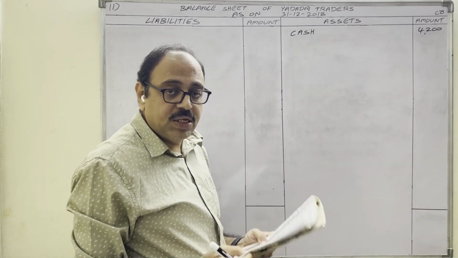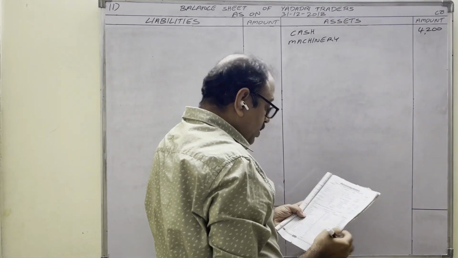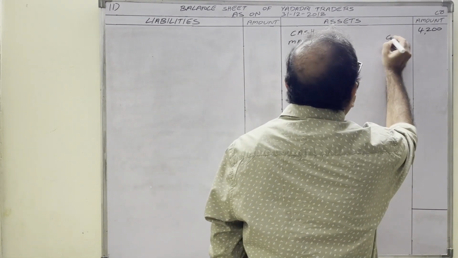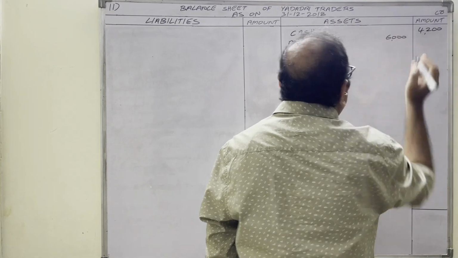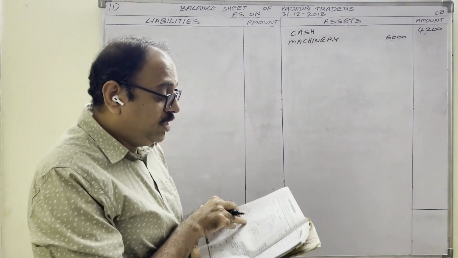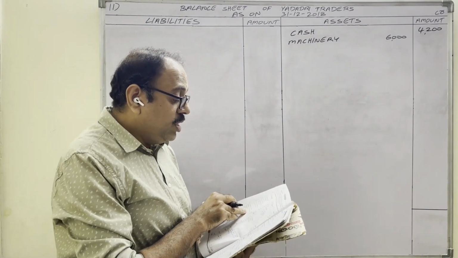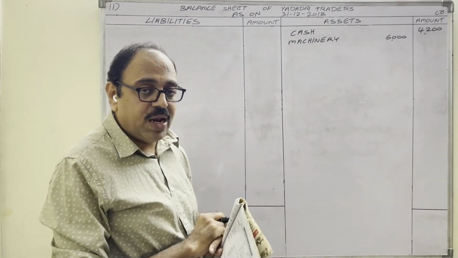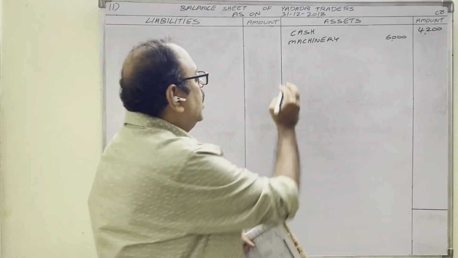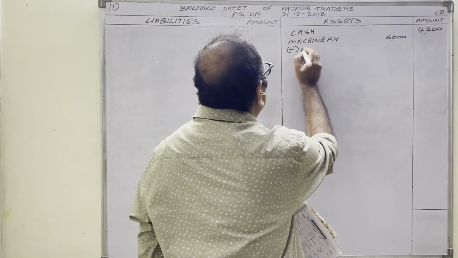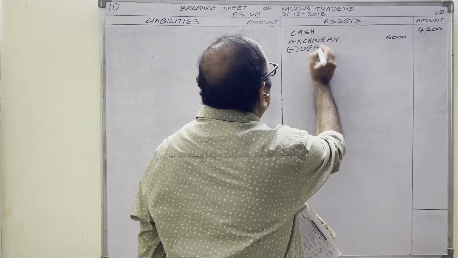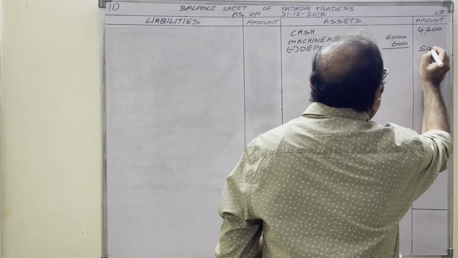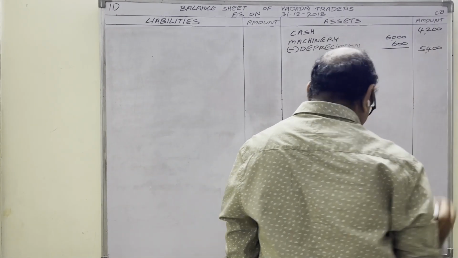Machinery is an asset. Adjustment is there, therefore amount in inner column 6,000 rupees. And what is the adjustment? Depreciation. Adjustment number 4. Depreciation on machinery 10%. In the profit and loss account we have calculated 600. That amount we have to subtract here as depreciation. Net amount in outer column 5,400.